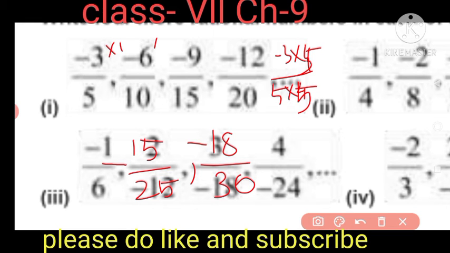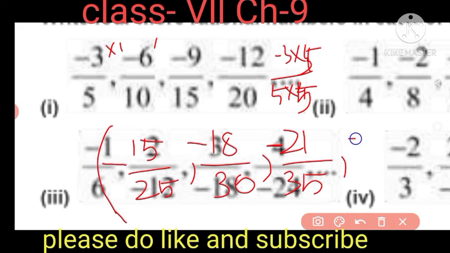The 3 is increasing, isn't it? Now again minus 21 upon 35. Now we have to write 4, so one more, then it will be minus 24 upon 40. Now this is the answer. These are the 4 more rational numbers of the given series.